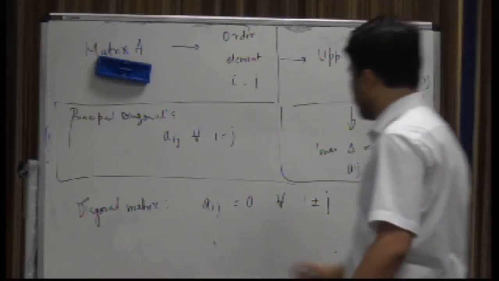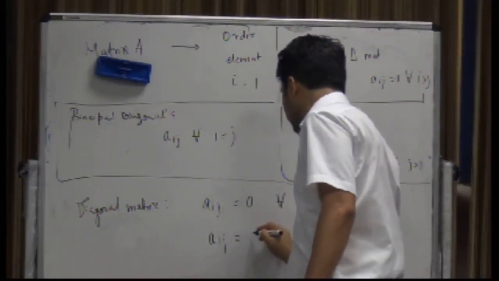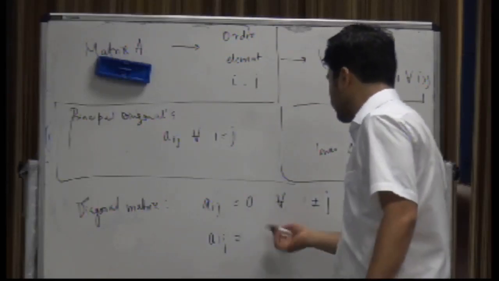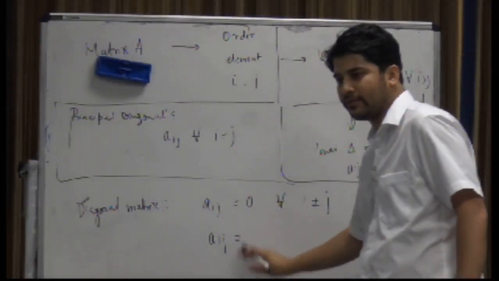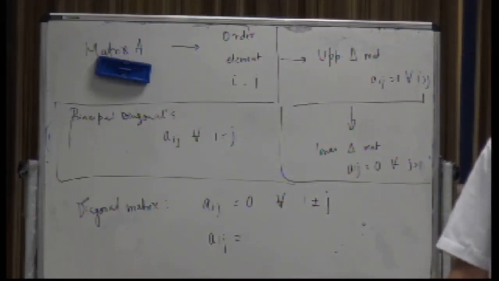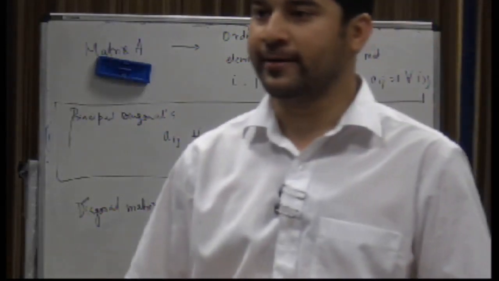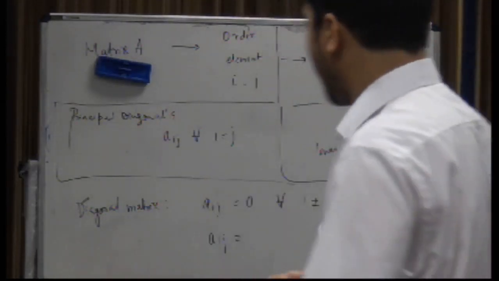And Aij can be anything for i equal to j, right? It can be anything. So you call it principal. क्या हो गया? Not able to understand?